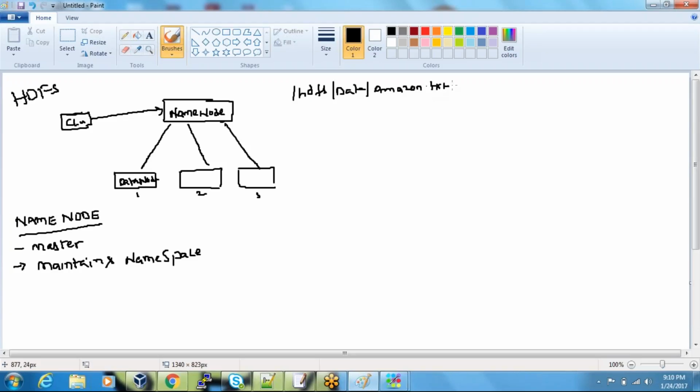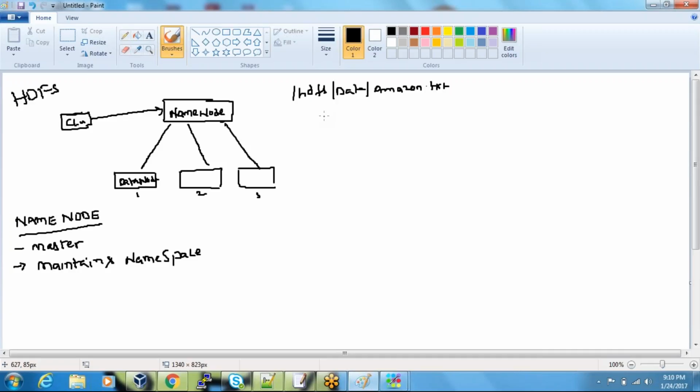Let's assume that this is my file. So this is your HDFS path, not your local path. This information has to be maintained by your name node, in the form of a tree structure.